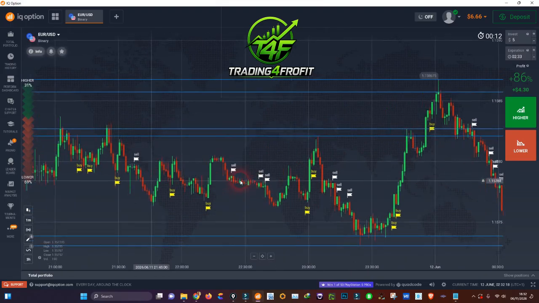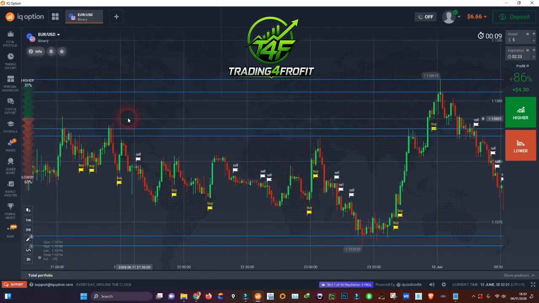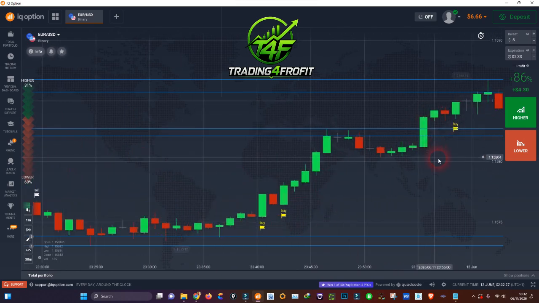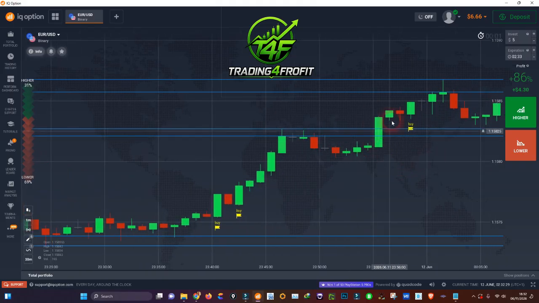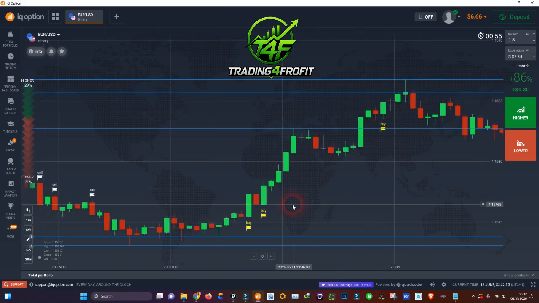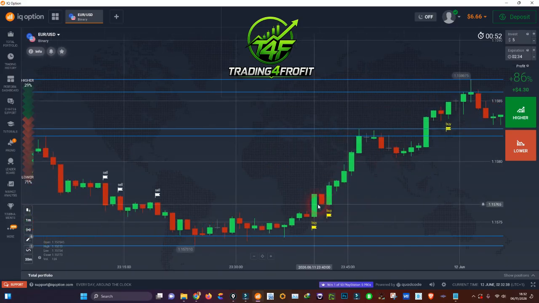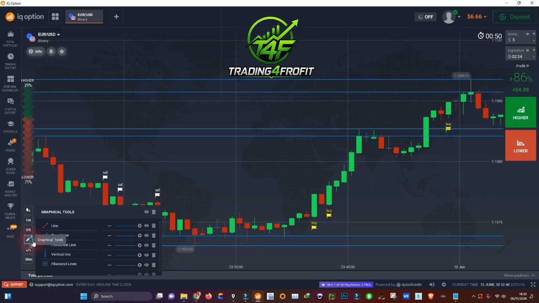So for instance, this is a ranging market from here to here until the market broke the level with this strong candle. So this is a breakout. This is a breakout candle. When we are talking about major levels, we have types of tools that will draw lines.